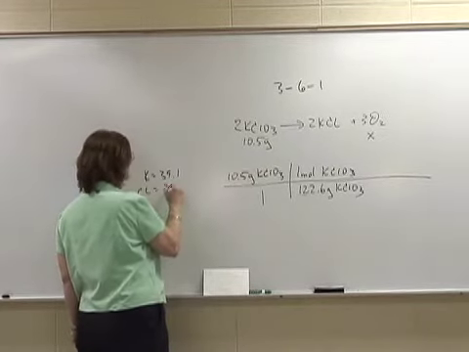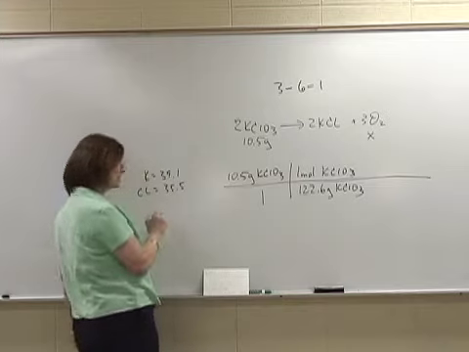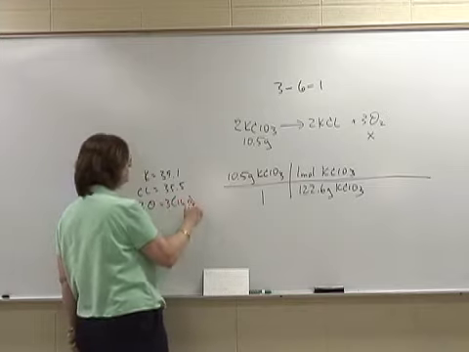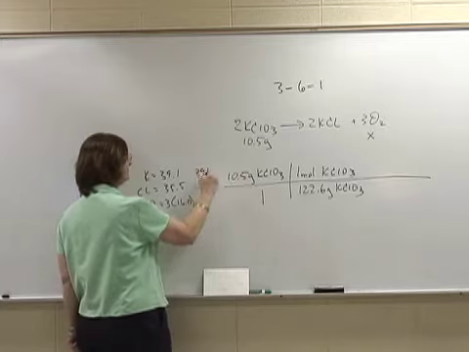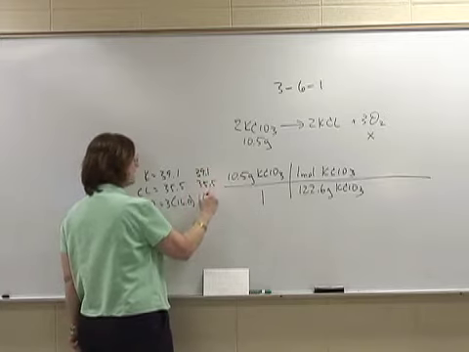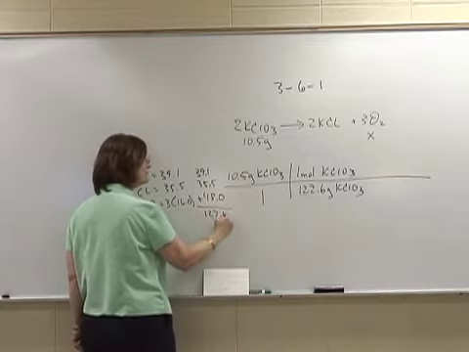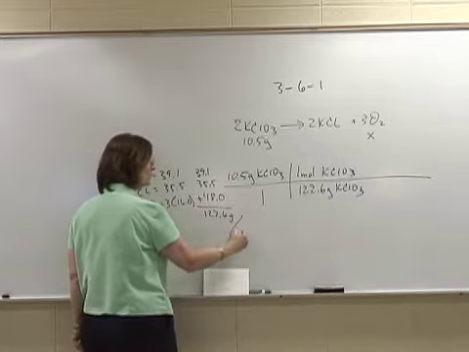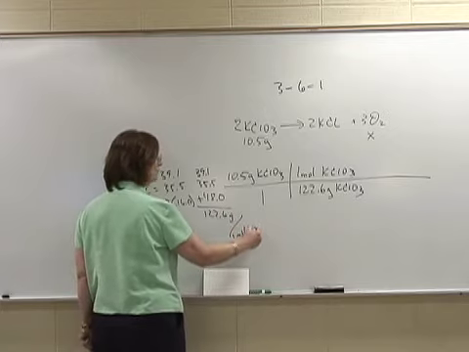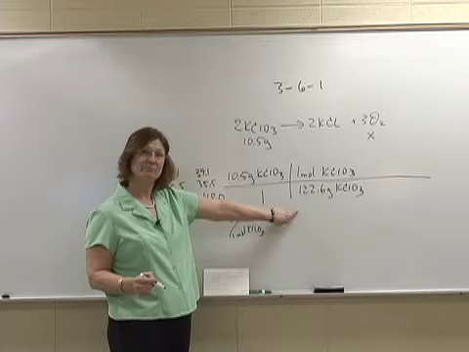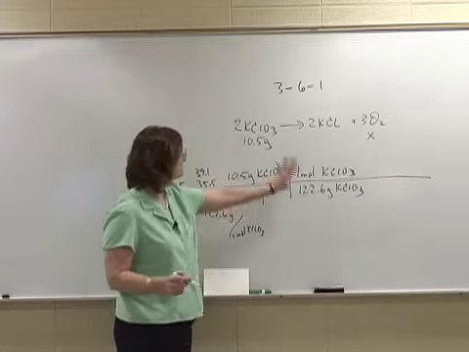Chlorine is 35.5, and we have 3 oxygens, which is 3 times 16.0. I write them again, and then I add them all up, and I get 122.6 grams per 1 mole of KClO3. And that's the number that I have here. This changes my grams to moles.